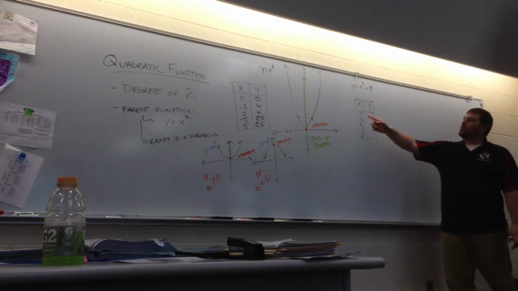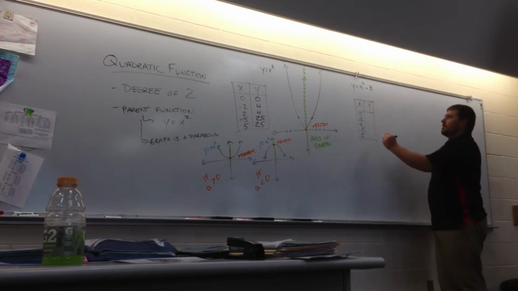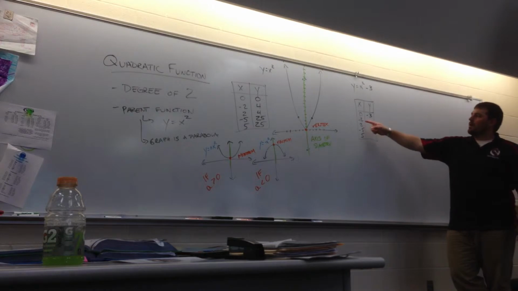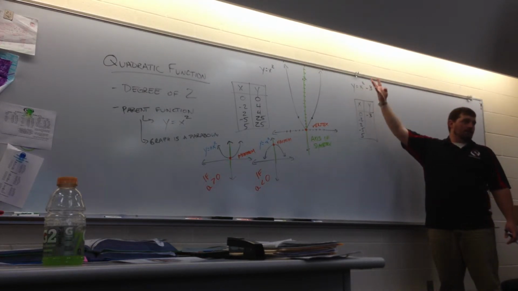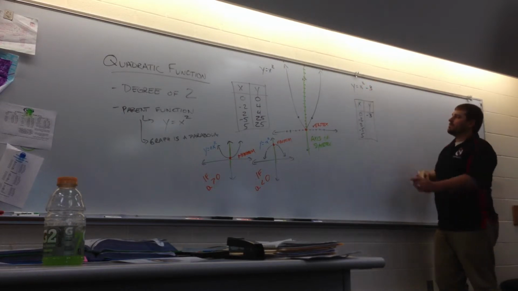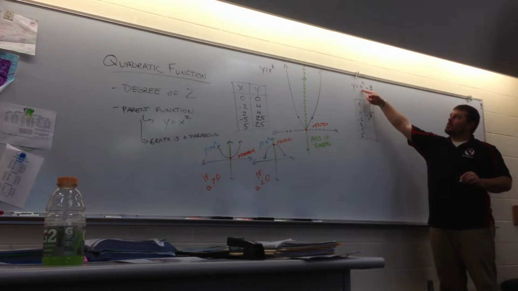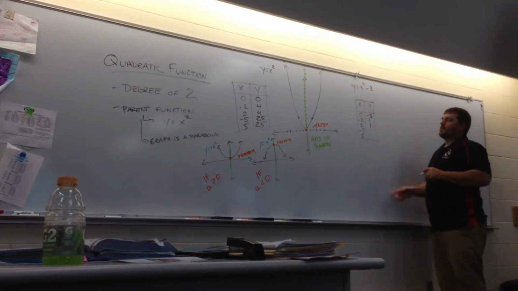When I put 0 in for x, 0 squared is 0. 0 minus 3 means y is negative 3 here. When I put negative 2 in, negative 2 squared is a positive 4. 4 minus 3 is 1. A positive 2 in there, 2 squared is 4, minus 3 is 1.